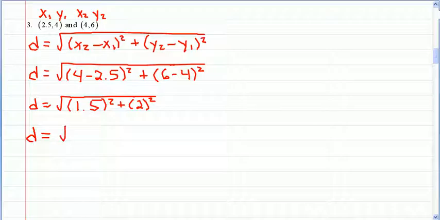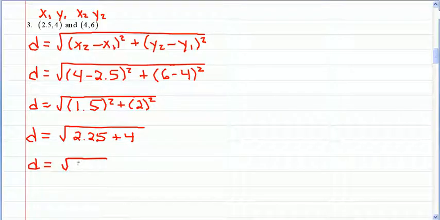So if I take 1.5 squared, 1.5 times 1.5 is 2.25, so that when I add 2.25 to 4, I get 6.25.